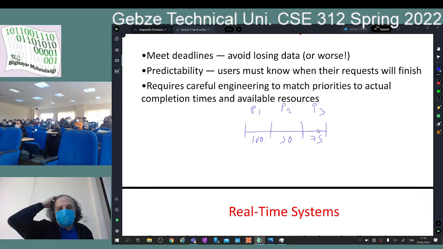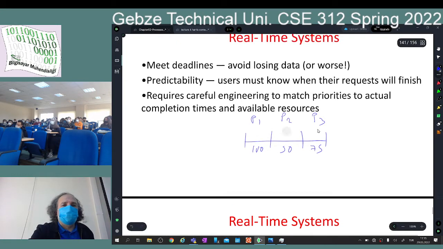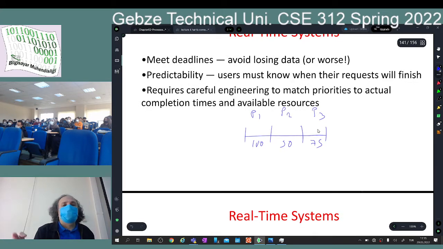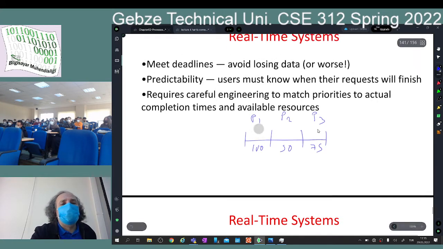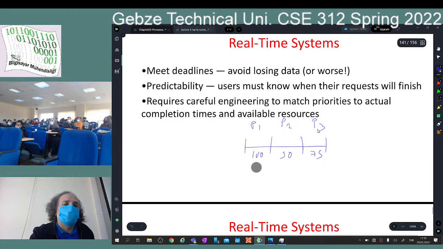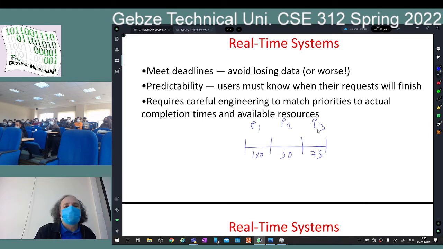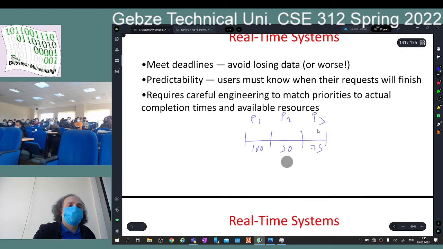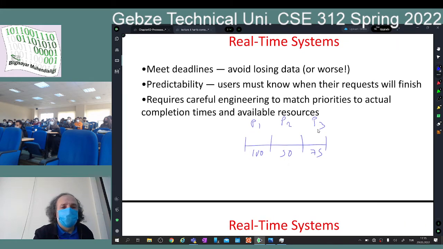There is nothing much to make a decision about. P1 runs, then P2 and P3. And I know their starting times and ending times. And if P1 doesn't use the whole 100 milliseconds, then I wait until P2 gets its 50 milliseconds. So some of the CPU time is wasted.